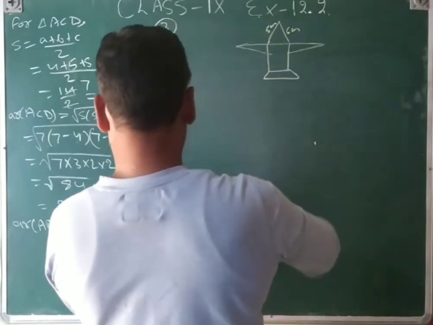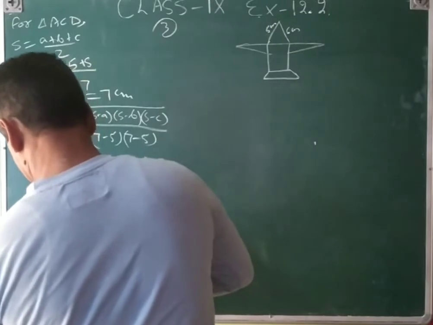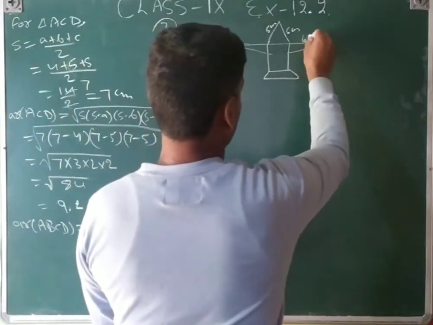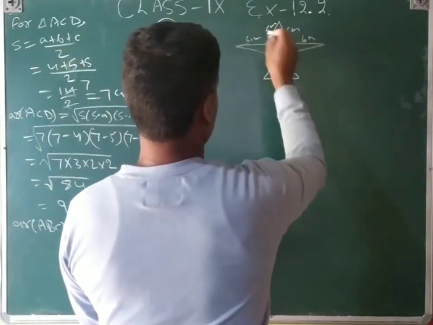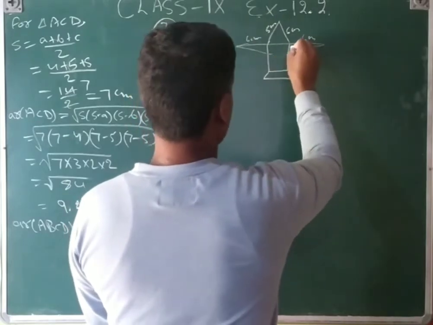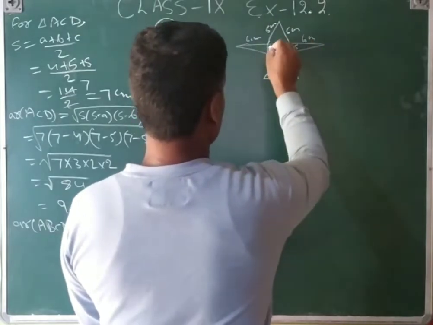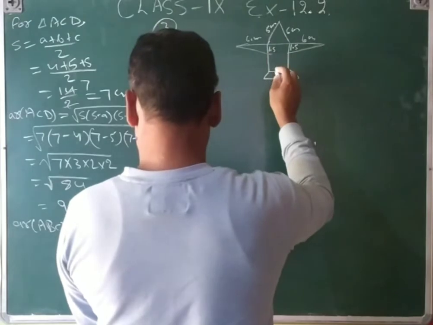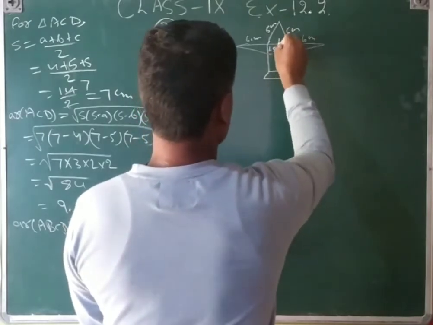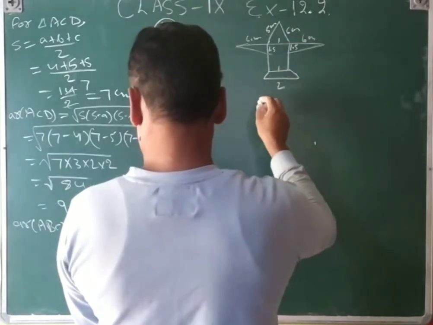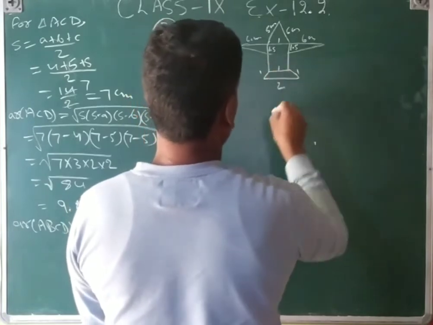This is 6 centimeter, so this will also be 6 centimeter. This is 1.5, so this will also be 1.5. This is 1, so this will also be 1. This is the 2, and this is a 1.